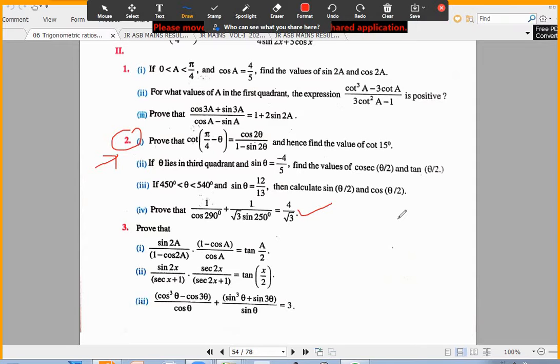1 by cos 290 degrees plus 1 by root 3 sine 250 degrees. We have a similar question with 20 degrees, maybe a little before.